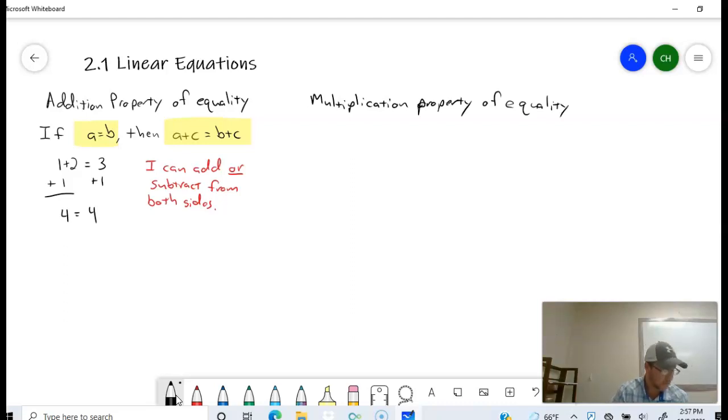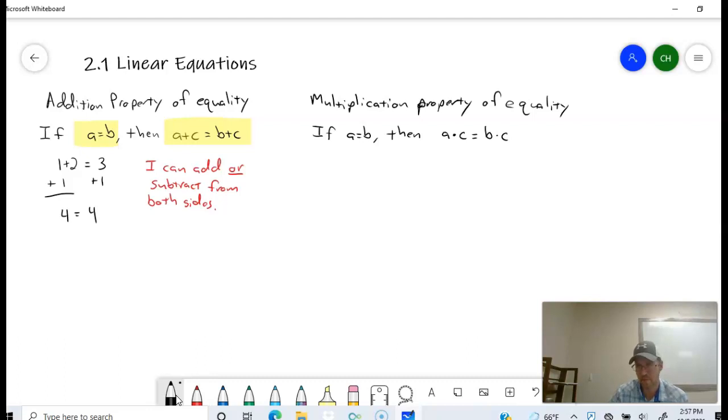It's going to say if A is equal to B, so if both sides of the equation are identical, which the equal sign says they are, then A times C is equal to B times C. Again, this works for multiplication or division. It doesn't matter which one, as long as we do the same to both sides.